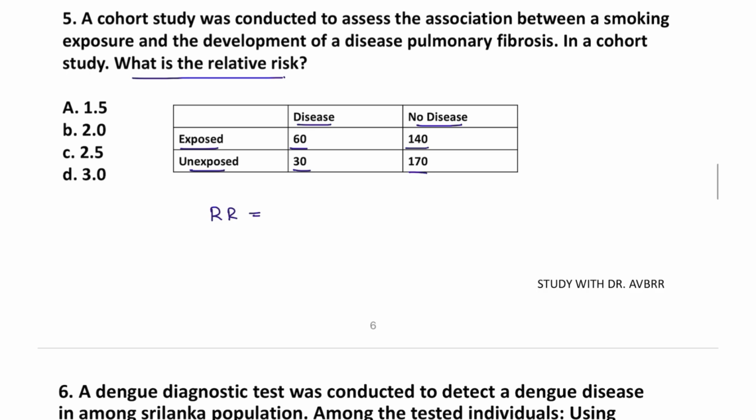The relative risk is the incidence in the exposed divided by the incidence in the non-exposed. We take only the patients who developed the disease, for example 60 by 30. If we calculate that, we are going to get around 2.0.